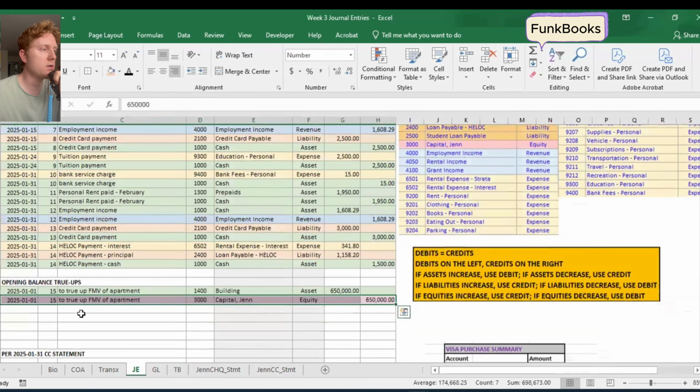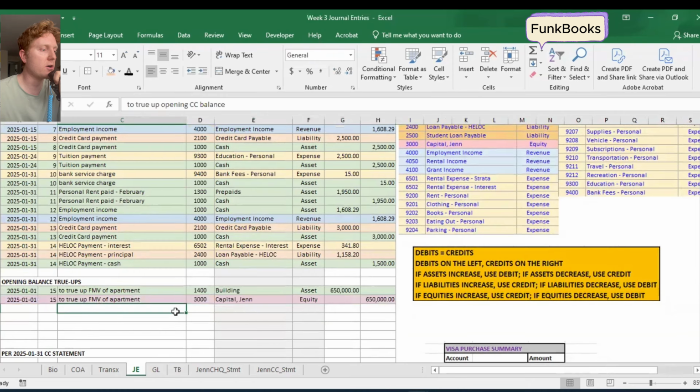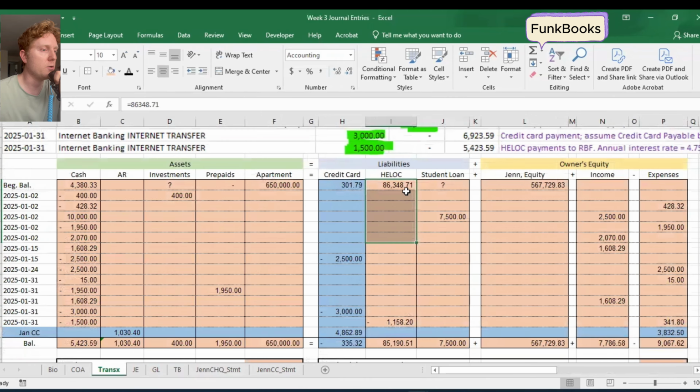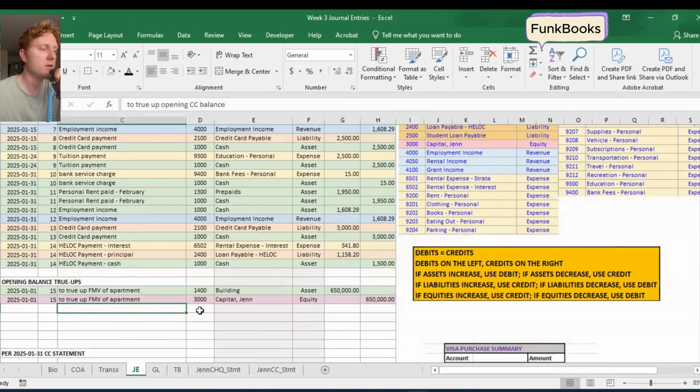Okay, next one is going to be the credit card, right? You might remember the credit card, we had an opening balance of 301, right? This was from previous year's expenses that we've expensed, presumably, but we still have to pay it, right? So what is the journal entry to true up that balance?